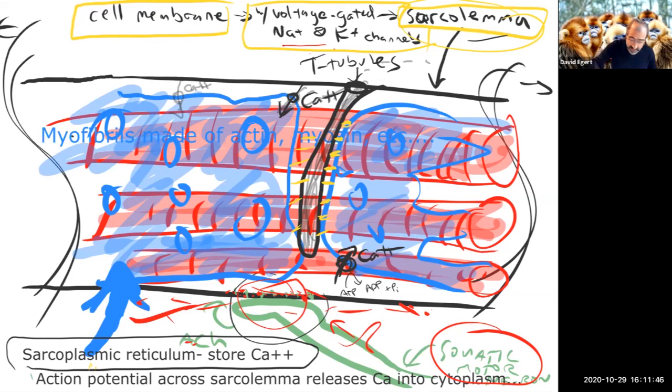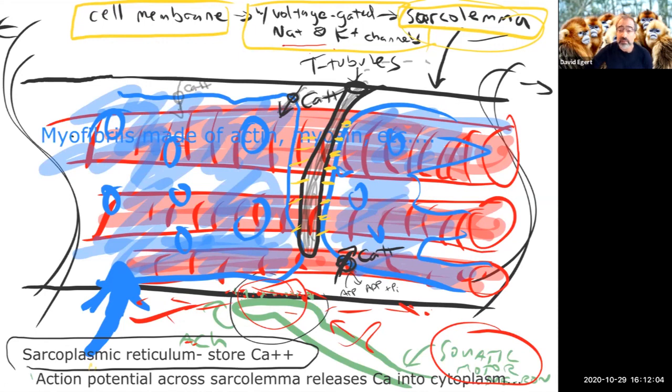And then once we get into the myofibril, that calcium is what's going to allow the actin and the myosin to pull against each other and cause a contraction. So we're going to keep putting this together, but these are the first steps.